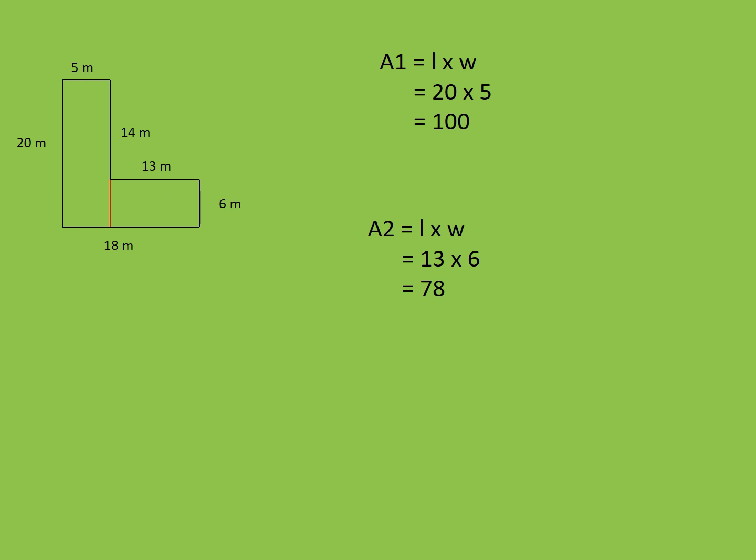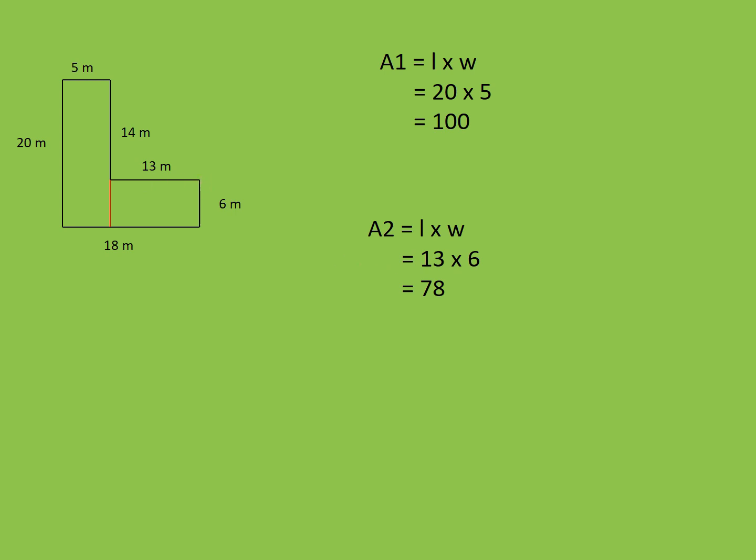Area 2 is length times width, because it's a rectangle, which is 13 by 6. Now, be very careful. A really common mistake here is to say 13 by 18. It's 6 meters wide, and you look at it and go, oh, it's 18 long. But if you look, it stops there. It's 13 by 6, which is 78.